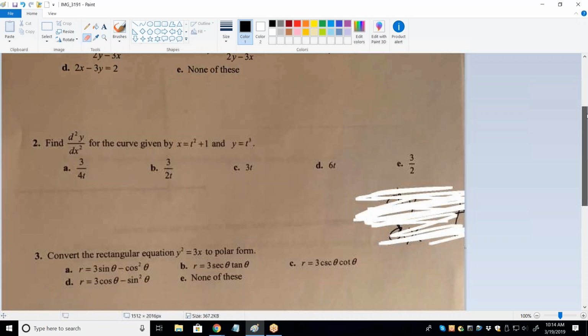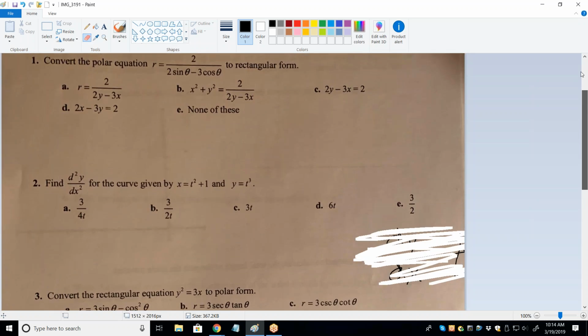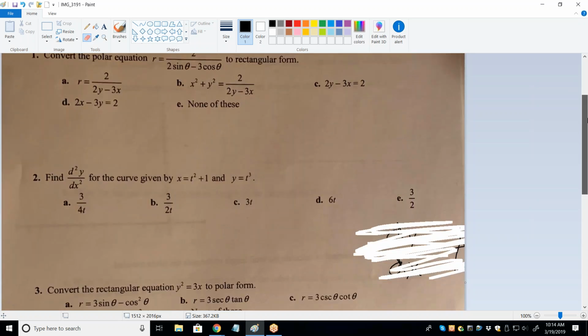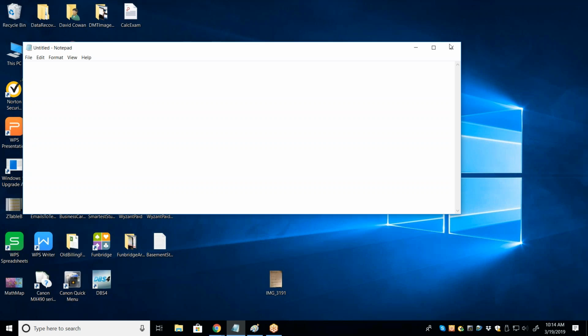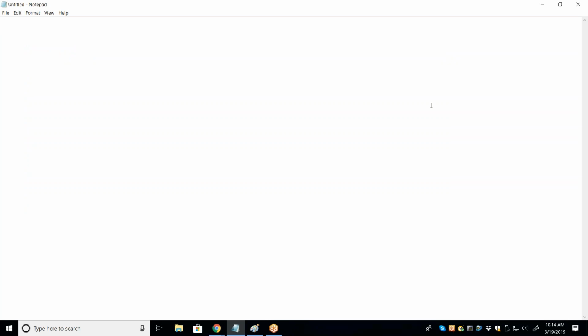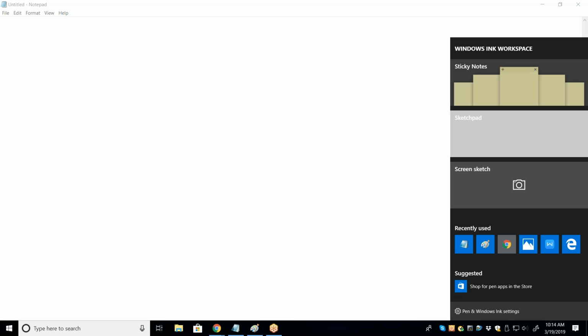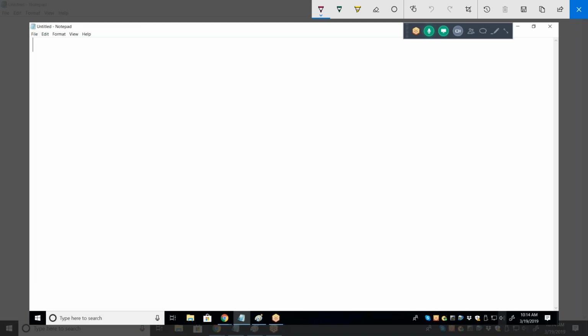Hold on a second here. Let me do something else. I want you to understand this, and I want to make sure I'm giving it to you right. Okay, so in this other problem, not virtually identical, but very similar, we figure out that dy/dx is t to the 3/2.